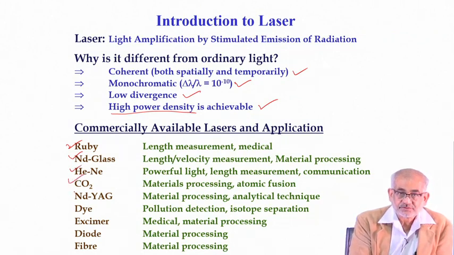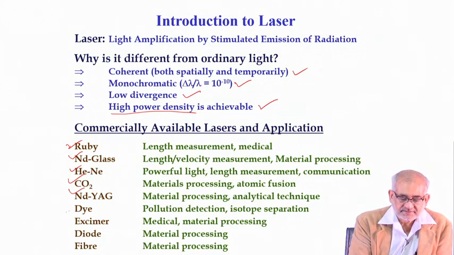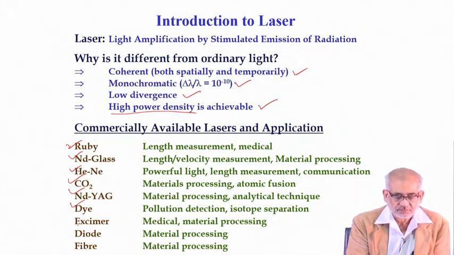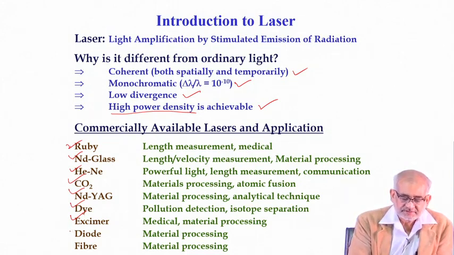At times there were also certain applications using carbon monoxide laser. Then Nd YAG laser, where the neodymium ion is dispersed in yttrium aluminum garnet crystal, a solid state laser. Various dye lasers, where the wavelength can be very conveniently varied over a wide range. Excimer laser. More recently, most of the applications make use of diode laser or fiber laser.